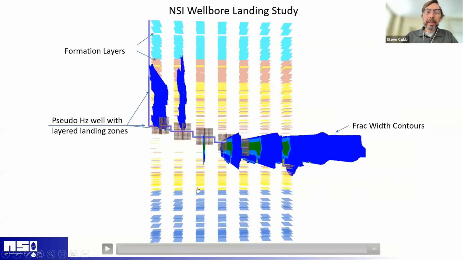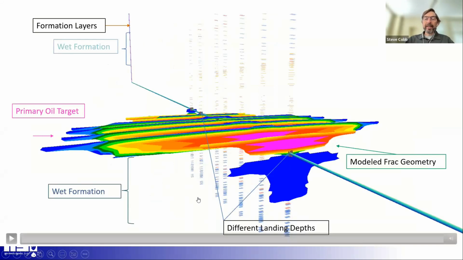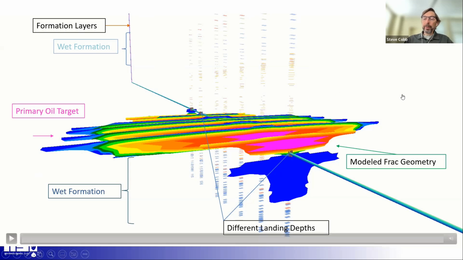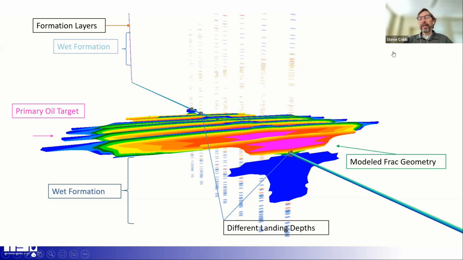I think that's a great example, and it's also a pretty picture of what you can get as StimPlan output. So, as I think about this, the geomodeling is, a lot of us, I have a bachelor's in geology, so I can tell geologist jokes.